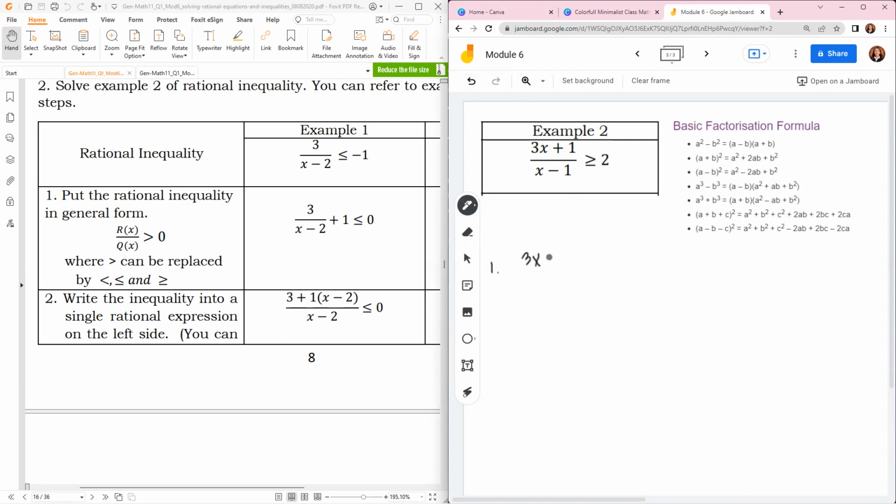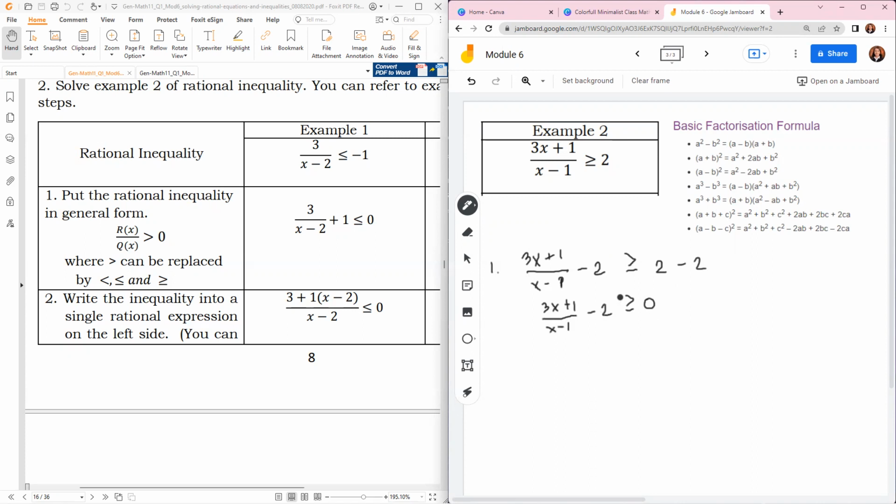So that would be x plus 1. What are we going to do? We are going to subtract number 2 on both sides. Okay? So that's 2 minus 2. So kani siya 2 minus 2 is 0. Anya 3x plus 1 over x minus 1 minus 2.